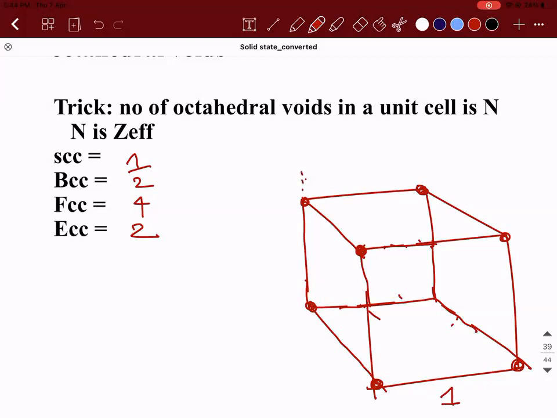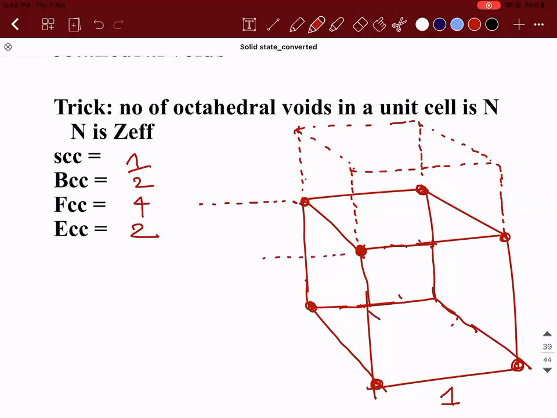So what I have drawn is 3 unit cells. Yes or no?